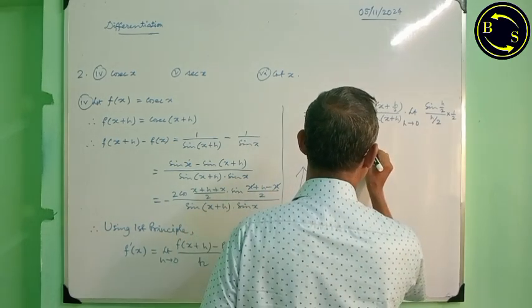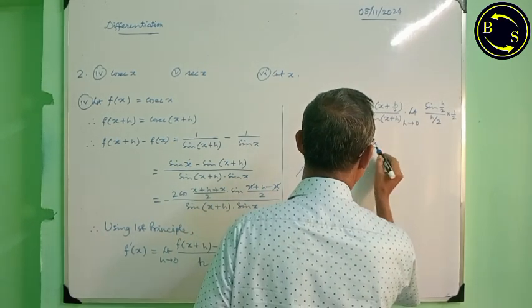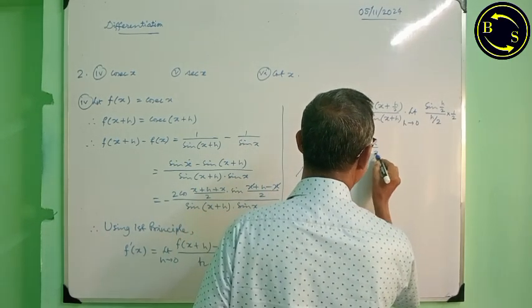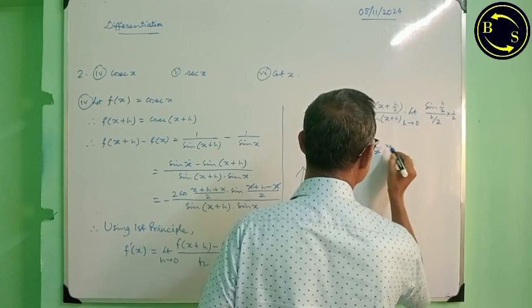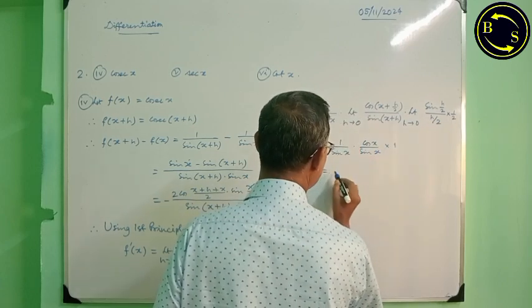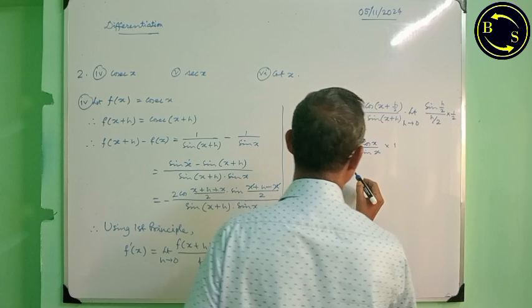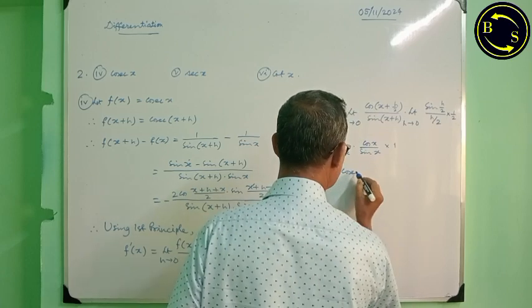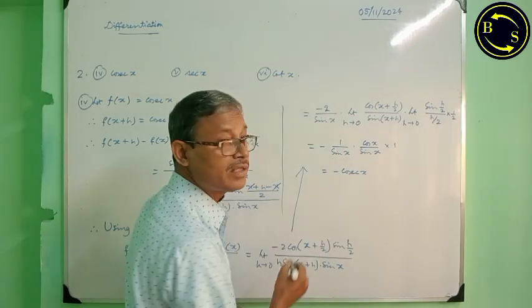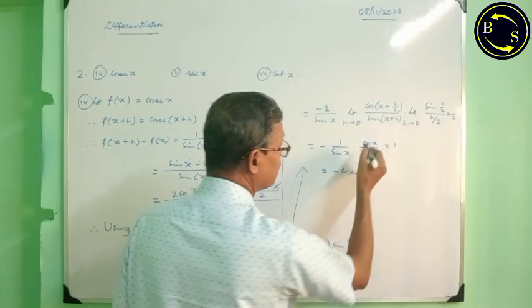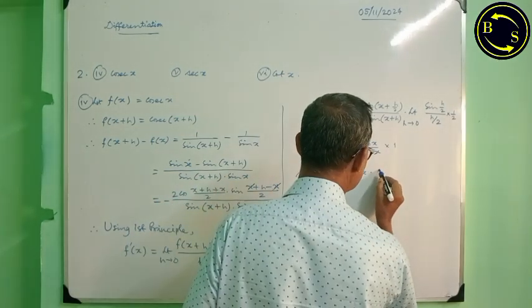It is cos x by sin x, and this becomes 1. That means minus cosec x, 1 by sin x, that is cosec x, and cos x by sin x, that is cot x.